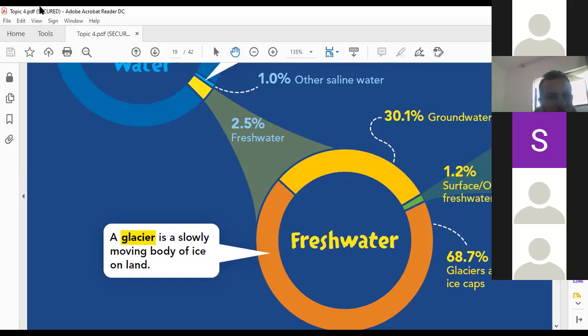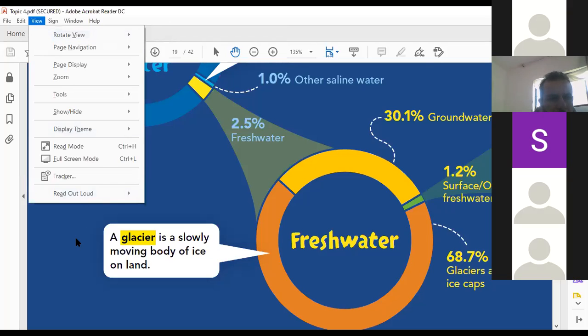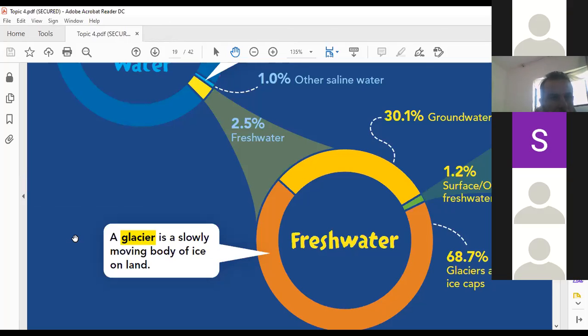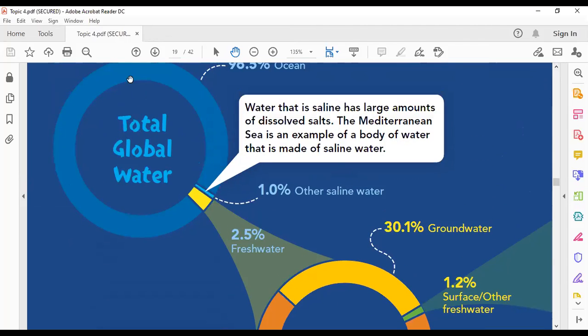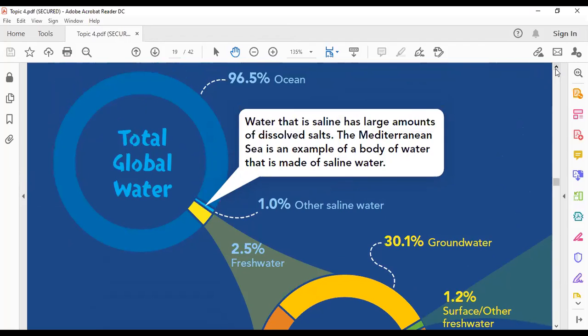Okay, so again, as we see in this pie chart, the majority of Earth's water is salt water. It makes up 97.5%. The majority of salt water is found in the oceans.